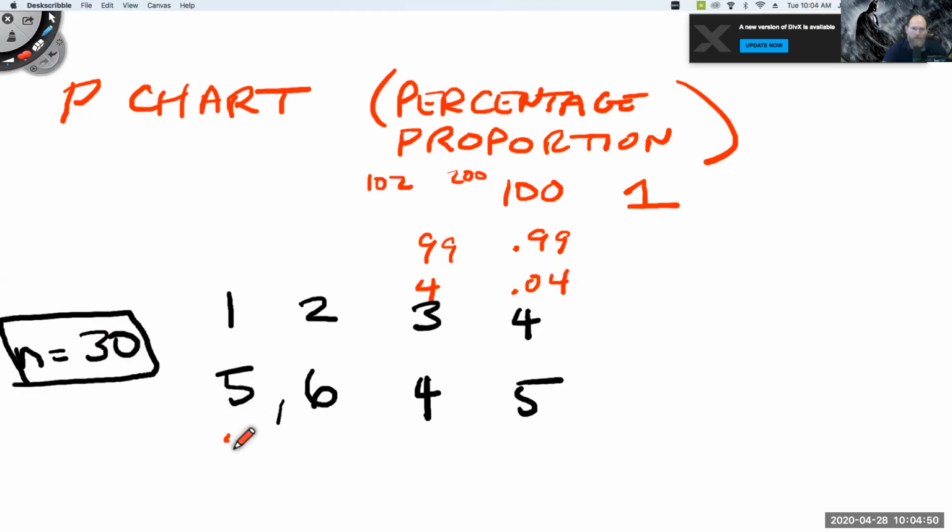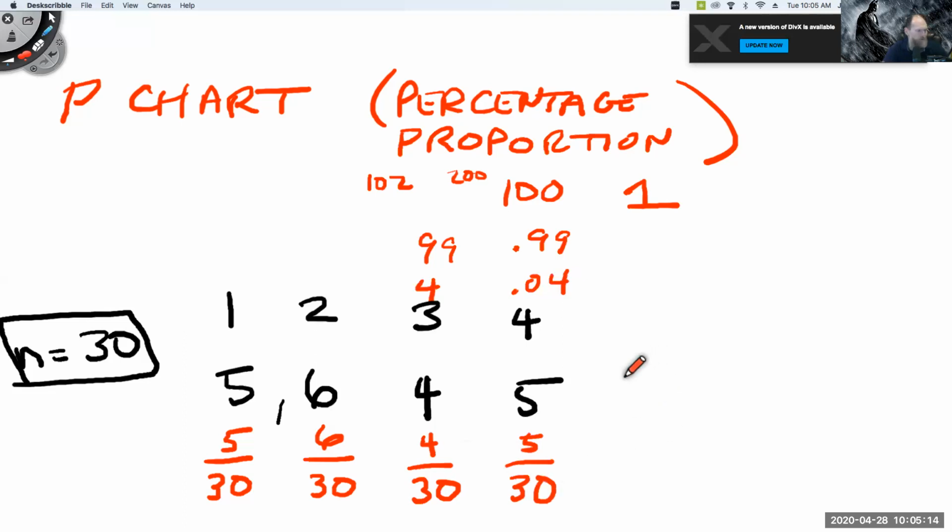So our data point for that first day is actually going to be 5 divided by 30. And our data point for that second day is going to be 6 divided by 30. And then our data point for that third day is going to be 4 divided by 30. And the fourth day, 5 divided by 30.